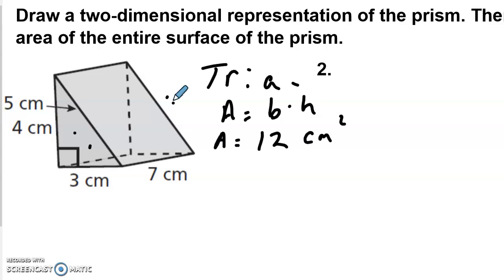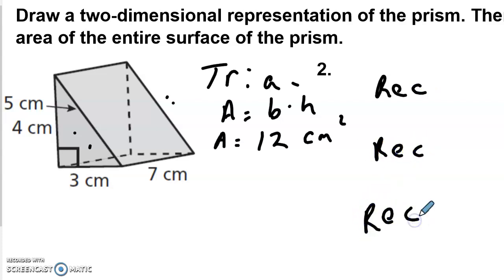Now, since it's a prism, I also have 3 rectangles. All right, so let's change a little color. Here's one on the bottom, right there. So that rectangle is 3 by 7, and that means the area of that one is 21 centimeters squared.